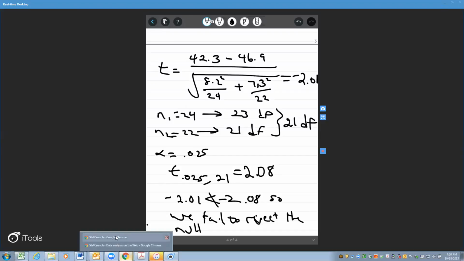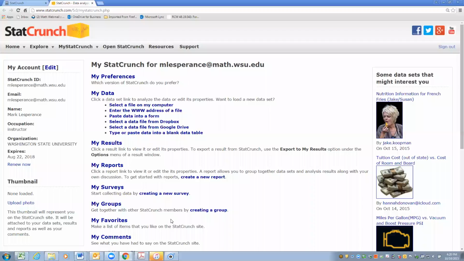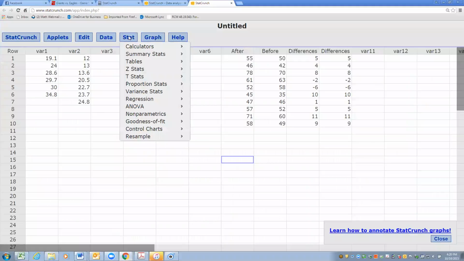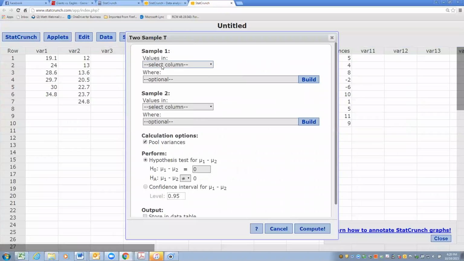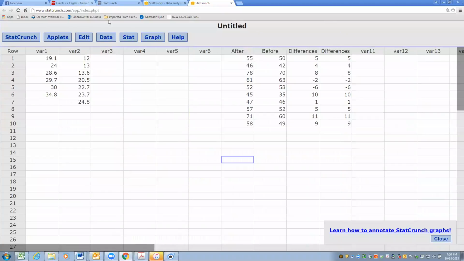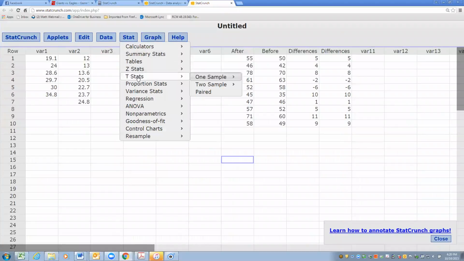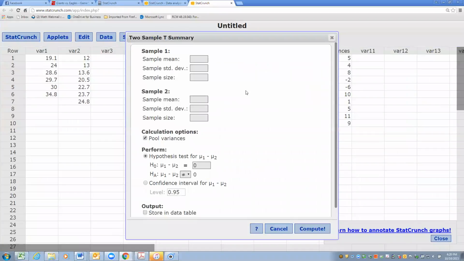Again, a way that we can do this in StatCrunch is to go to Stat, T-Stats, Two Sample with summary. My first sample mean was 42.3.